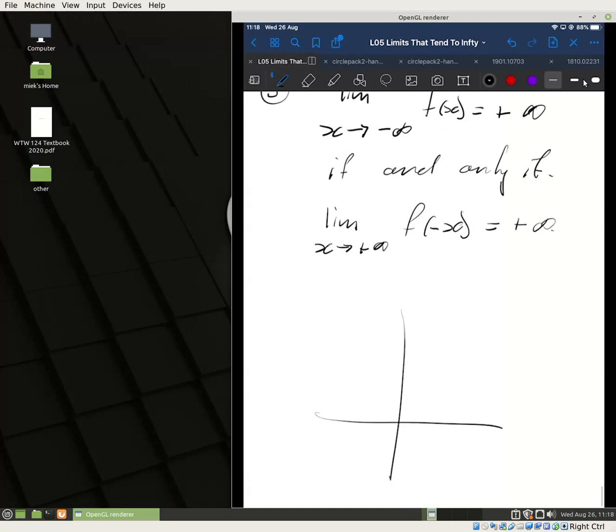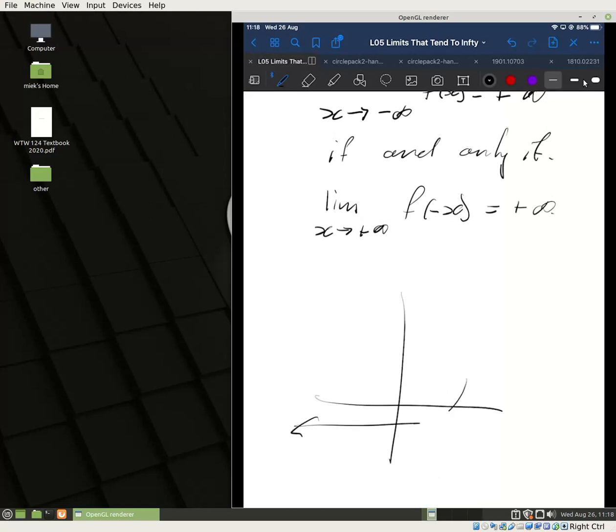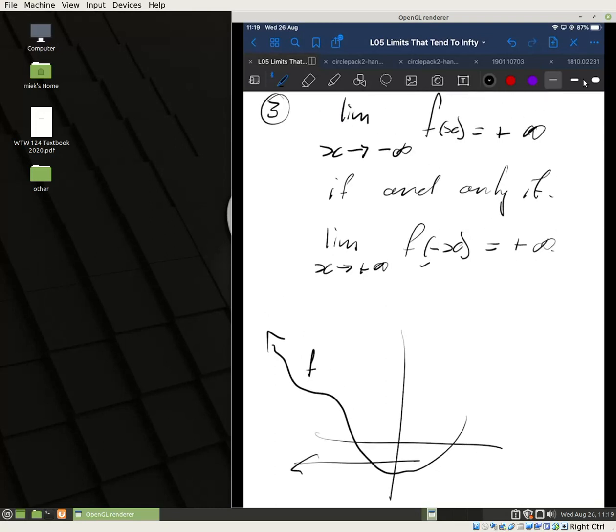If we are looking at the limit as x tends to minus infinity and f of x goes to plus infinity, now if we reflect around the y-axis, this is what f of minus x is doing.